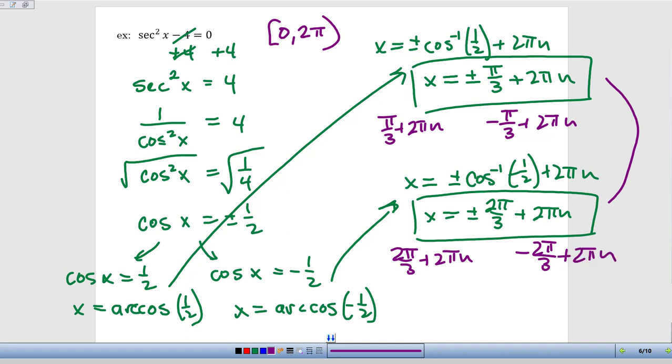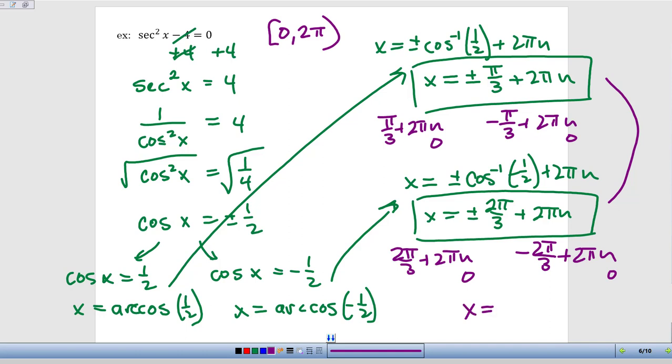And so now we start to plug in 0 for n, 1 for n, 2 I think pretty clearly is going to get to be too big for us. So if we plug in 0 for n everywhere, those two that have the negative values, negative pi over 3 and negative 2 pi over 3, those are still going to be negative. So those aren't going to be a part of our answer set.